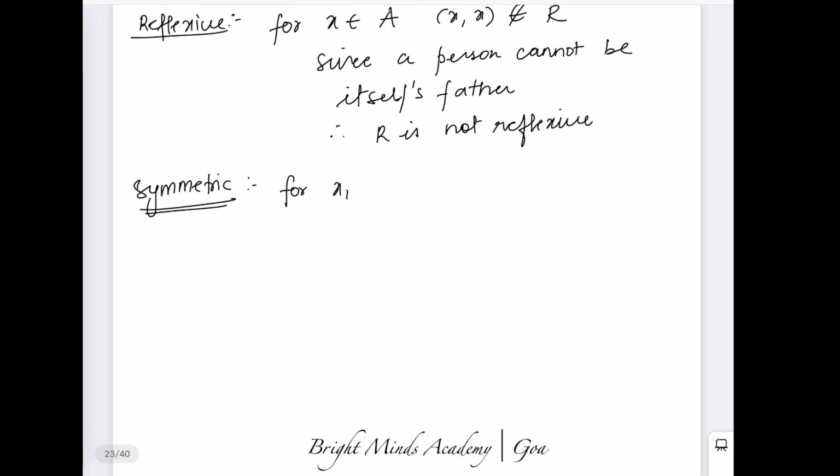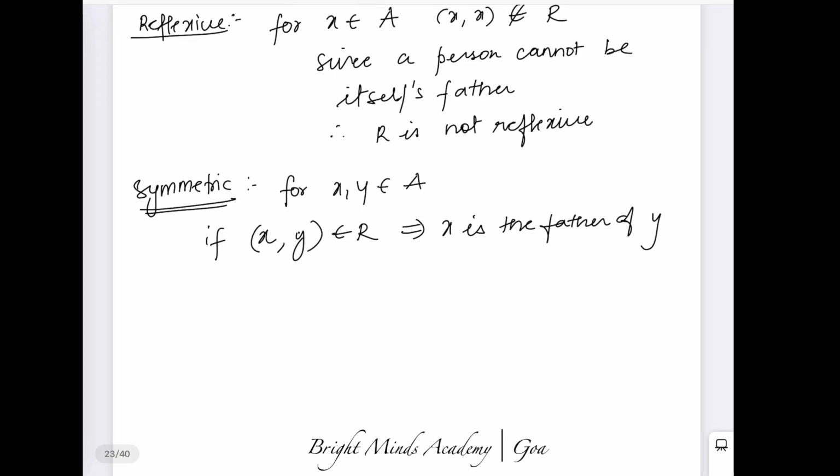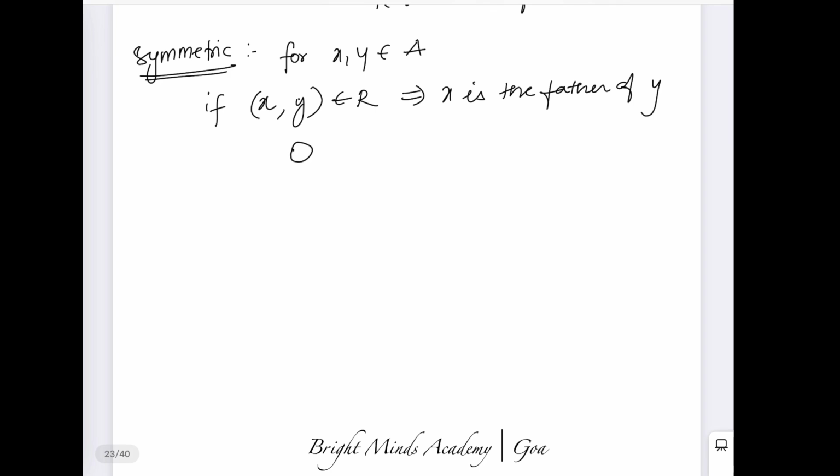Now we'll quickly check for symmetric next. For X comma Y belonging to the set A, we'll just assume if X comma Y belongs to the relation R, this implies that X is the father of Y. Now here, if X is the father of Y, then Y is going to be the son.